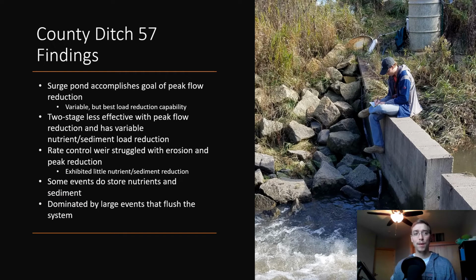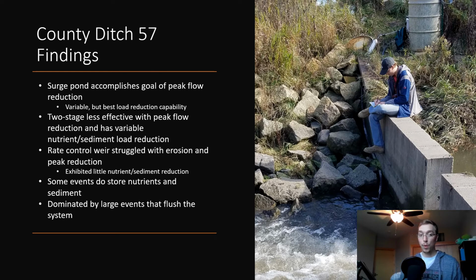So what did we find? Well, the surge pond accomplished its goal of reducing peak flow. That was awesome. That's what we wanted to see. And it was variable, but the best at sediment and nutrient reduction capability. The 2-stage ditch was less effective with peak flow reduction and had variable nutrient and sediment load reduction.